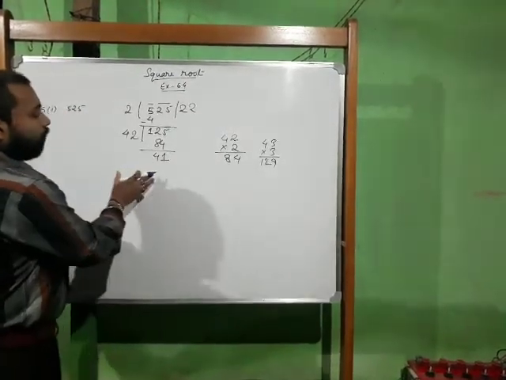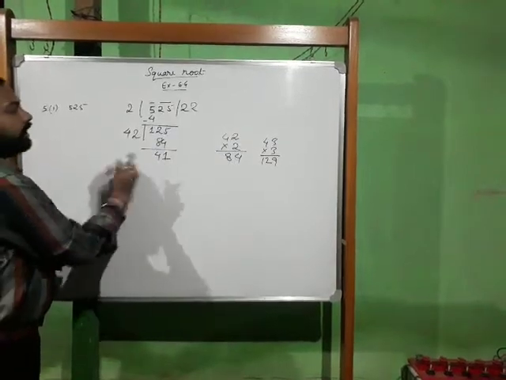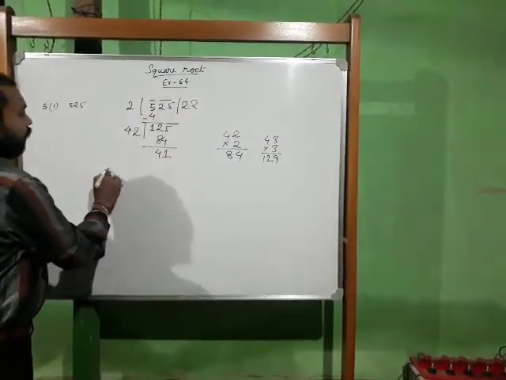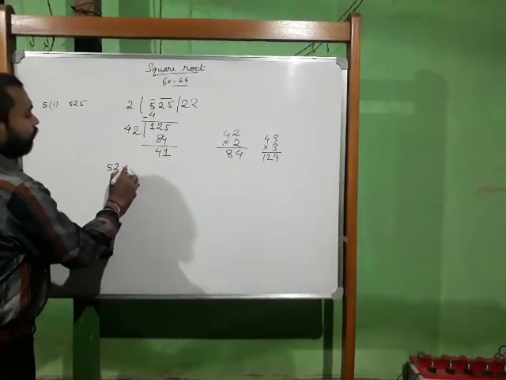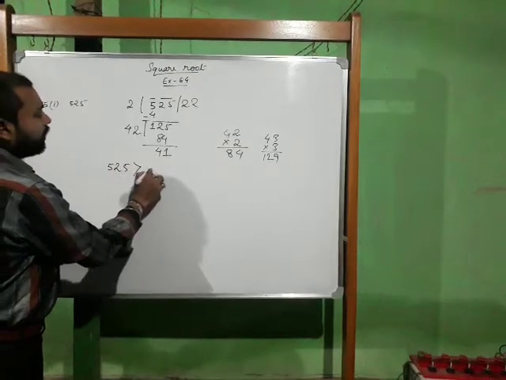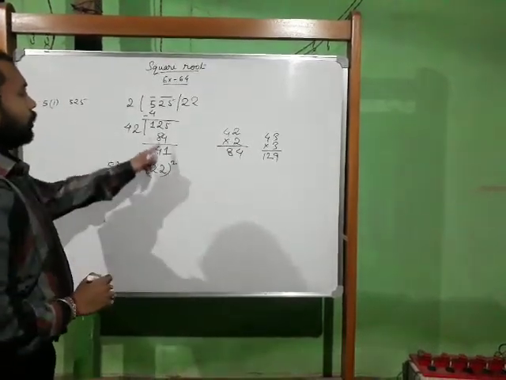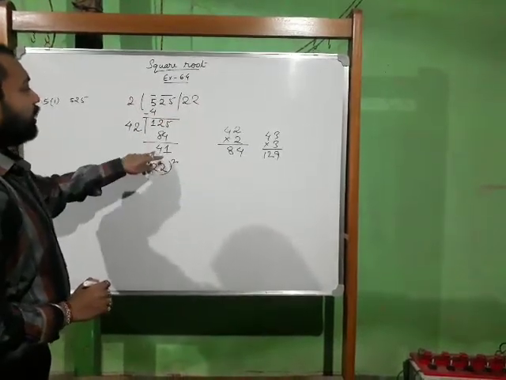Now this process, when we have to add a number, is something different. What we can conclude is that 525 is greater than 22 square, because if I take 22 square, the remainder is 41.